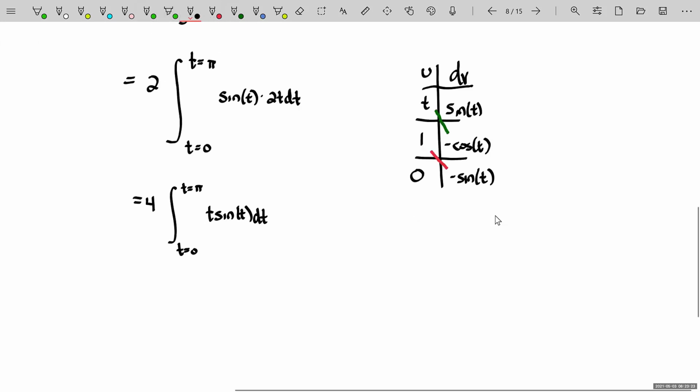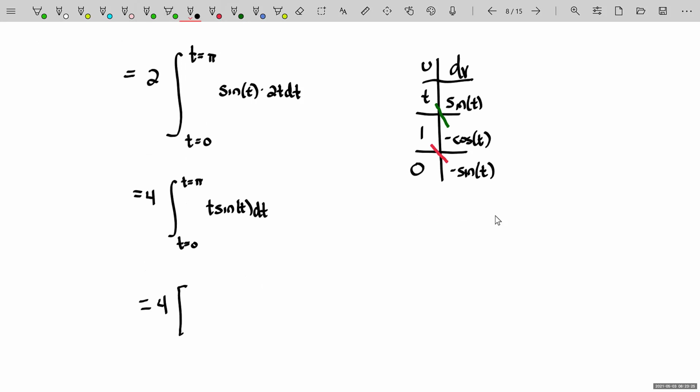So this will be 4. Don't forget the 4 because I often might. We'll add the product of t and negative cosine of t, going from 0 to pi. And we'll subtract the product of 1 and negative sine of t. So that's actually a positive sine of t, from, again, 0 to pi.